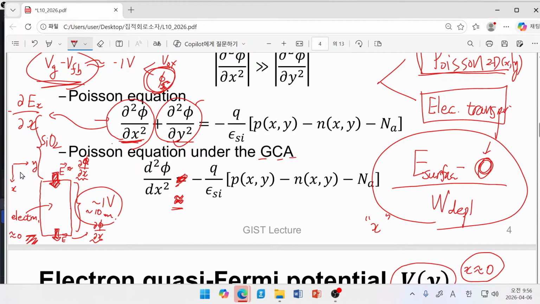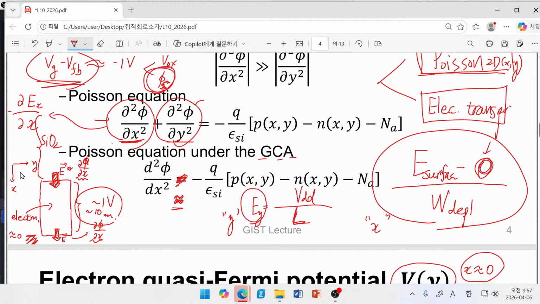But please think about the y-directional one. Then what is the maximum average electric field along the y direction? In the y direction, we have a channel length L, and the voltage difference is VDD. Then it is now clear that this is the y-directional electric field itself.